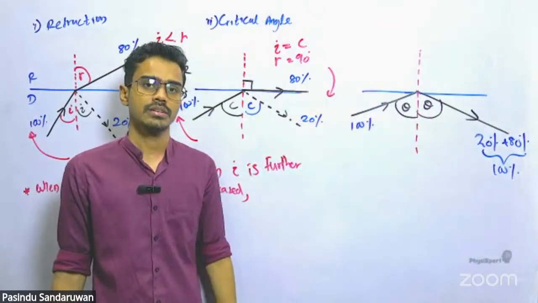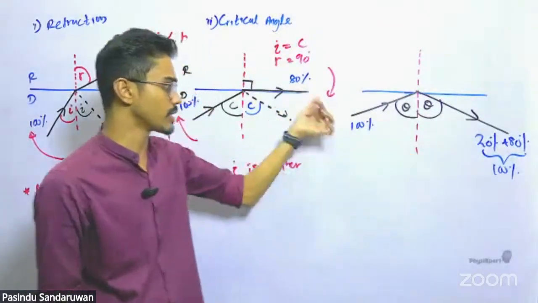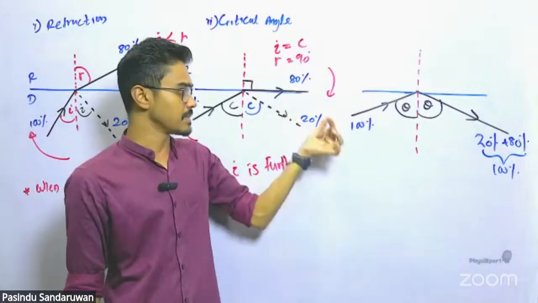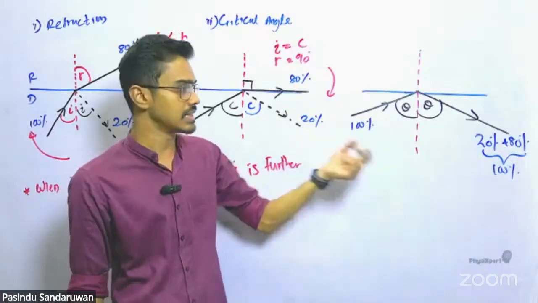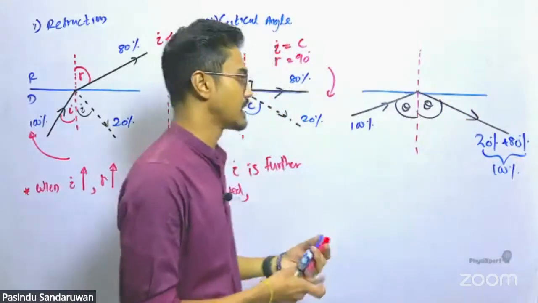That is called total internal reflection, because it is totally reflected. The difference is that this is a partial reflection, only 20%, and this is 100%.